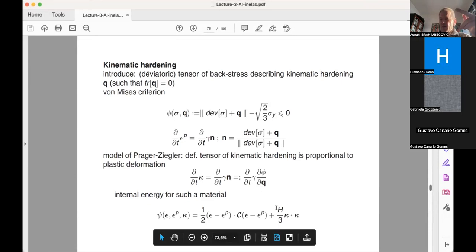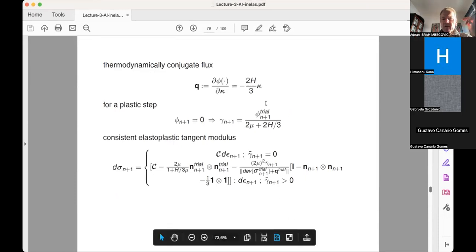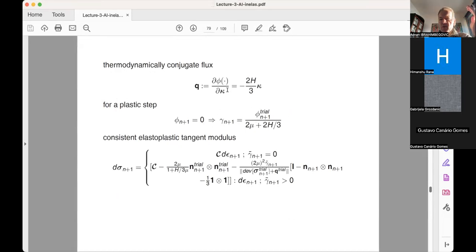Here we actually took this to be 2/3 because it's convenient to combine with the final result, and 1/2 or 2/3 of H and so on is just convenient writing. The reason is that when you group it together, this is a choice which was made. So I can compute my thermodynamically conjugate flux to the kinematic hardening, that gives me this, the so-called back stress.